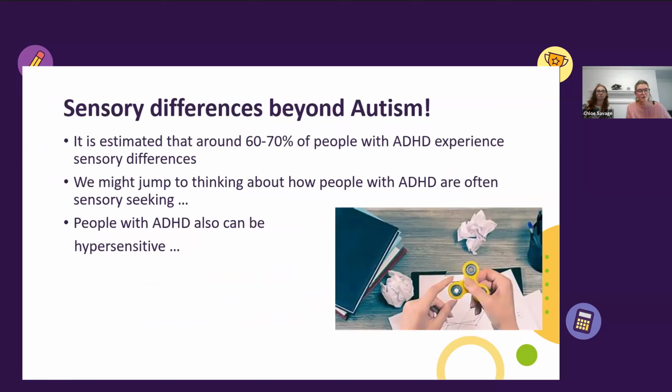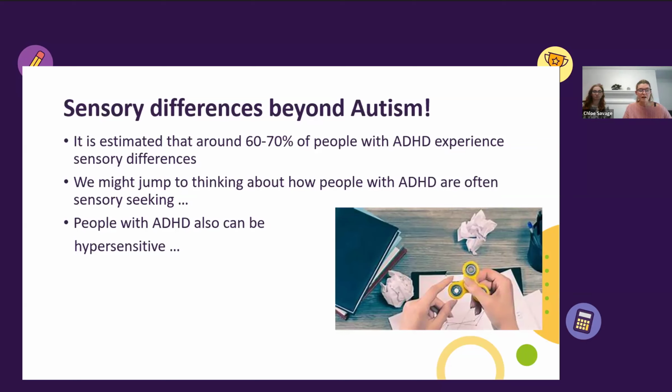We often might jump to thinking about how people with ADHD are often sensory seeking, so craving stimulation. So that would suggest that their systems are hyposensitive, so they are looking for more sensory input. So we can think about fidgeting, tapping feet, being on the move all the time, speaking at fast pace, and they're looking for more sensory input.